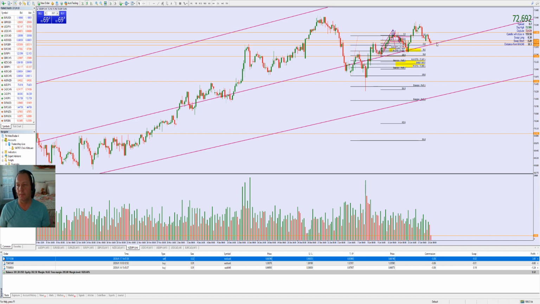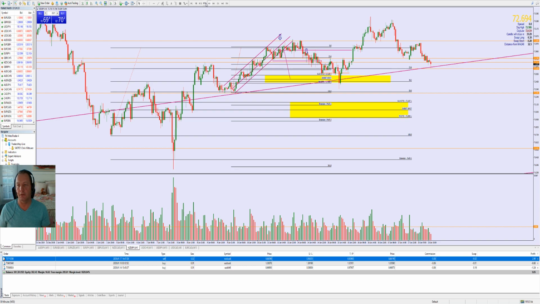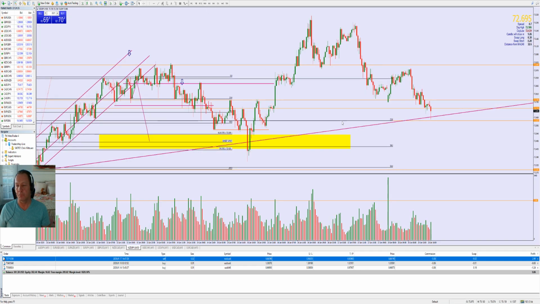So let's see, we have lower volume, the sell-off here. So it's possible that this will go higher. Take a look at 15 minutes.